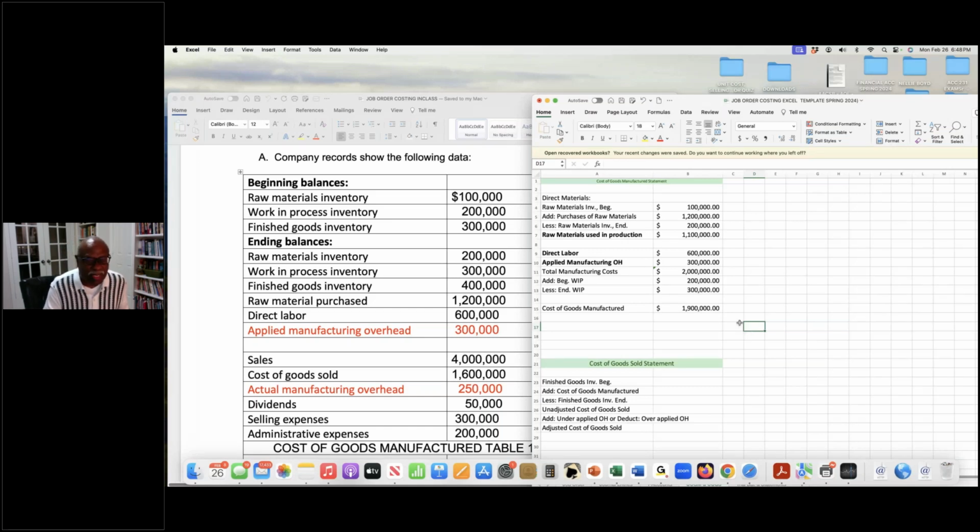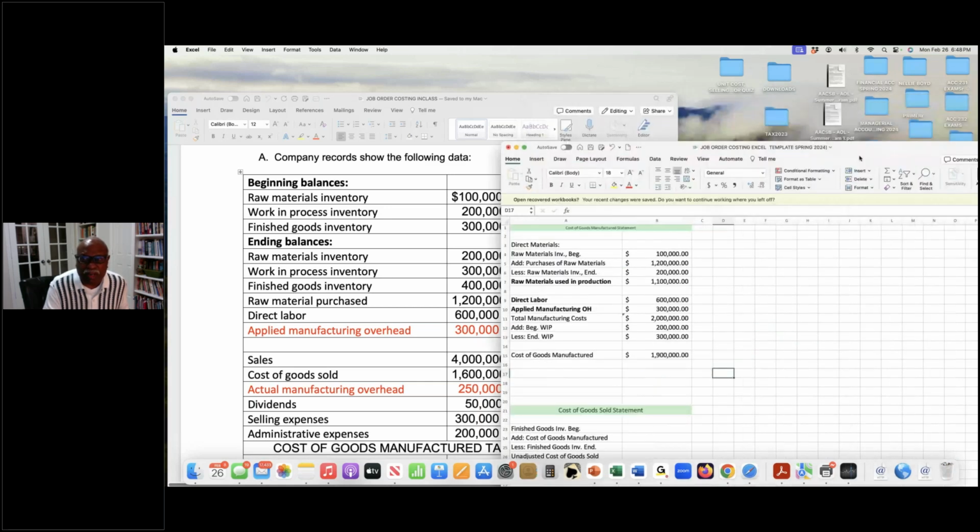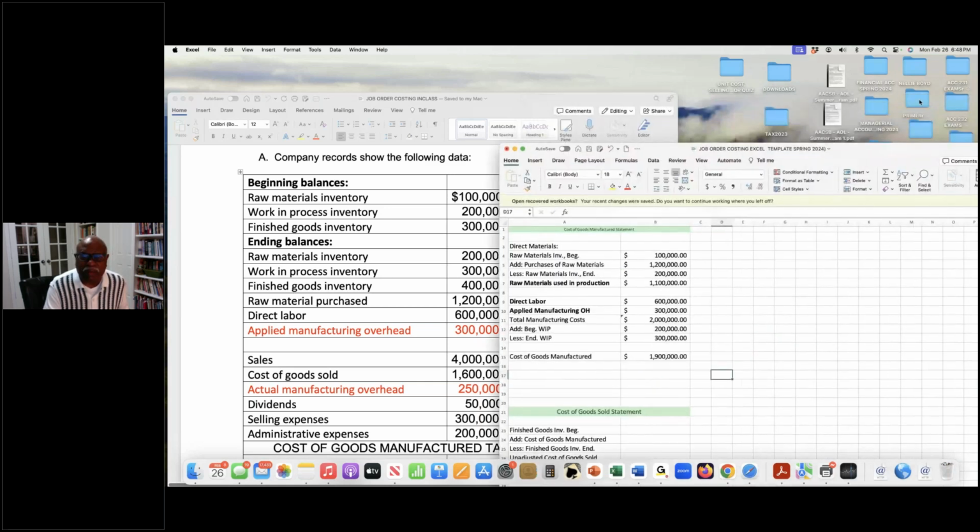Are there any questions on where the numbers came from? So it's always our goal to get to those numbers. That's always our goal. We'll make journal entries, we'll post the T accounts and some other things, but just realize the goal is to get to this number.